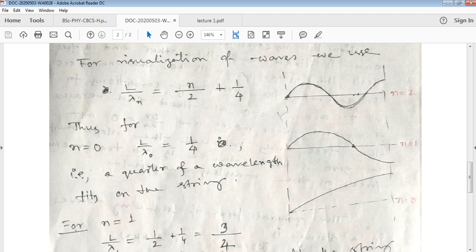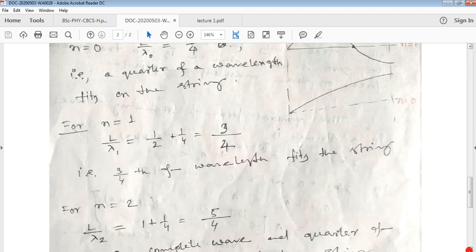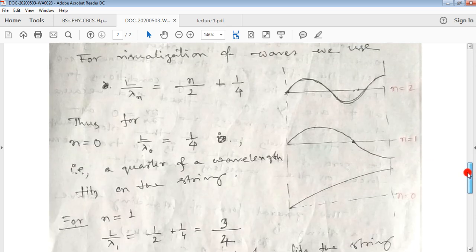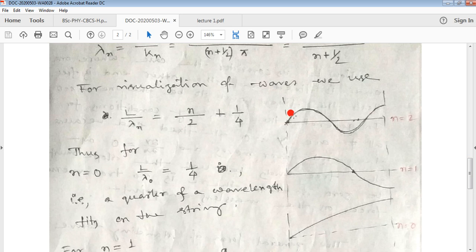Similarly for n equal to 2, we will have 5 by 4. 5 by 4 means one complete wavelength can be fitted, and along with that a quarter of the wavelength. So one full wavelength plus a quarter.